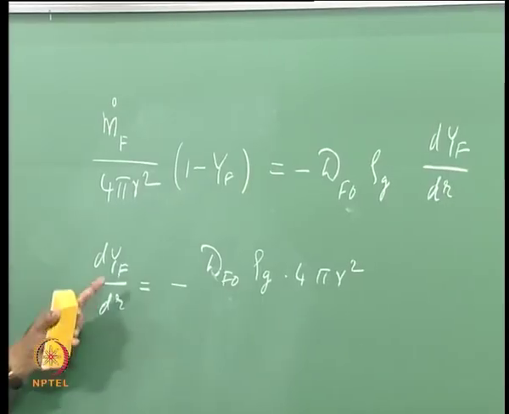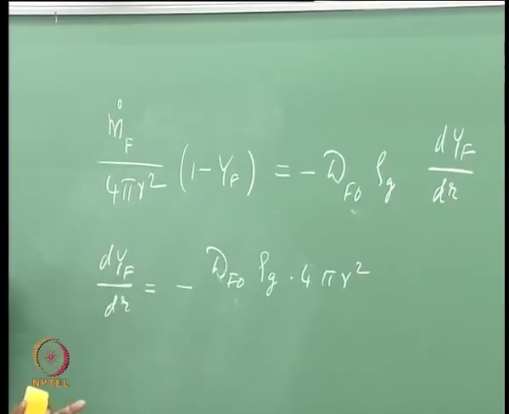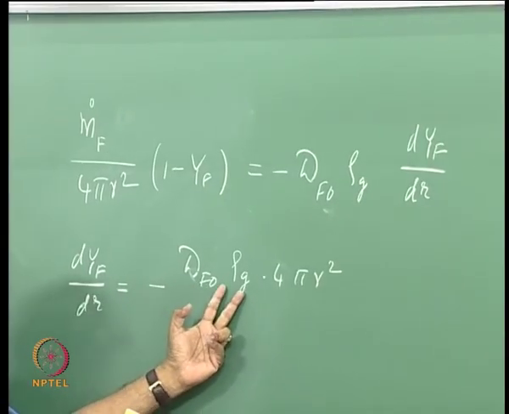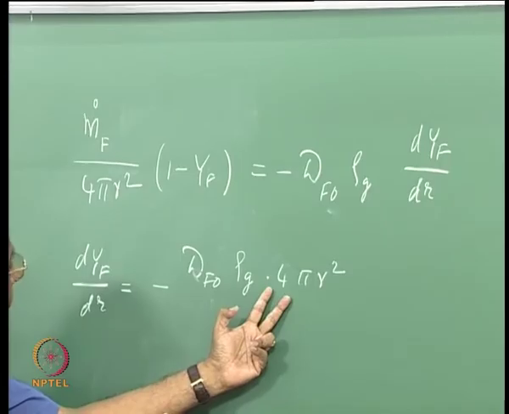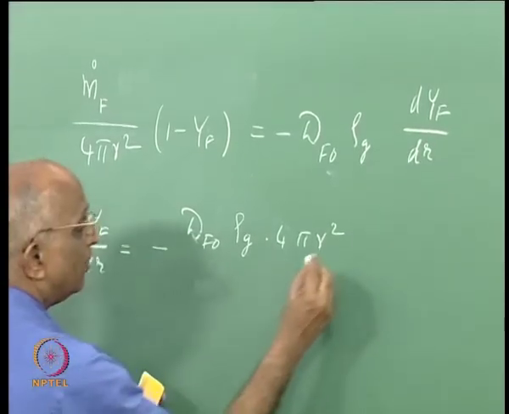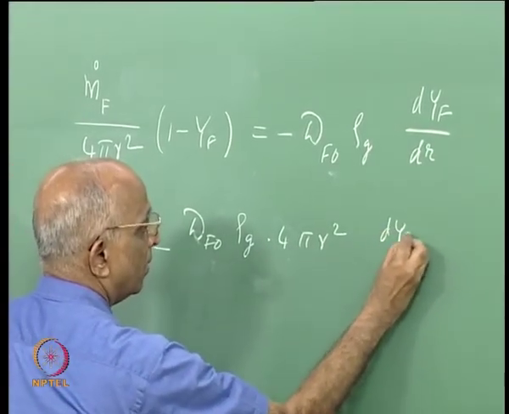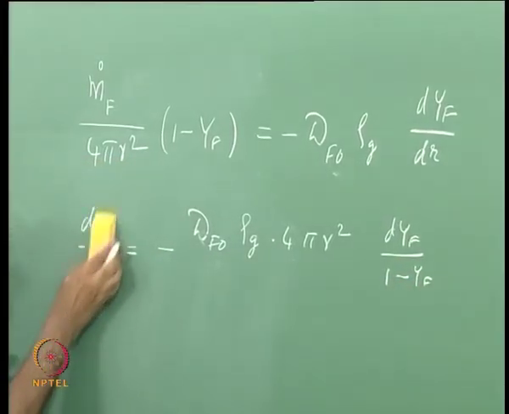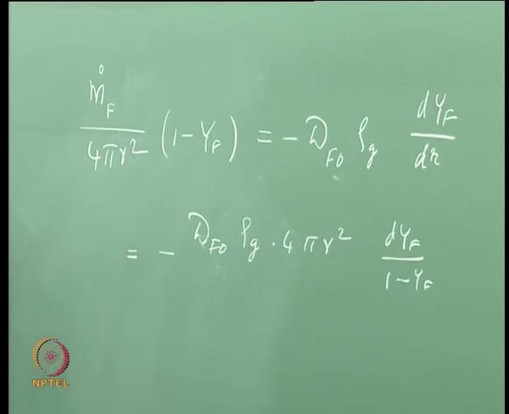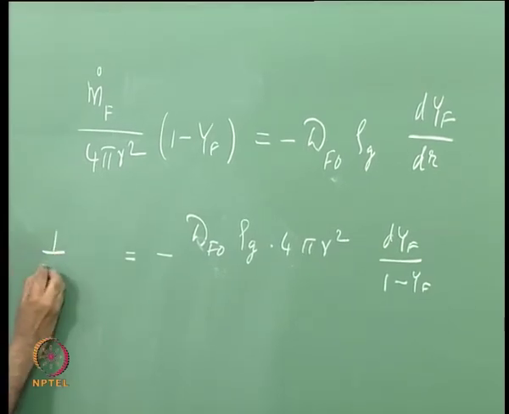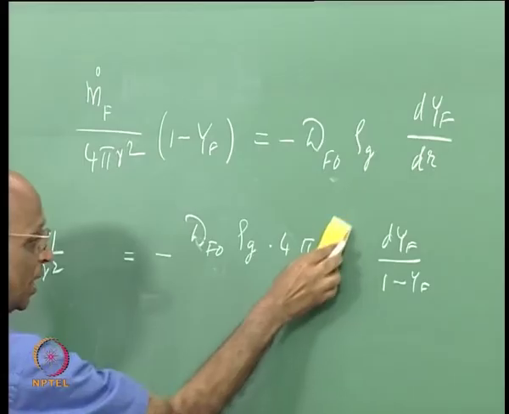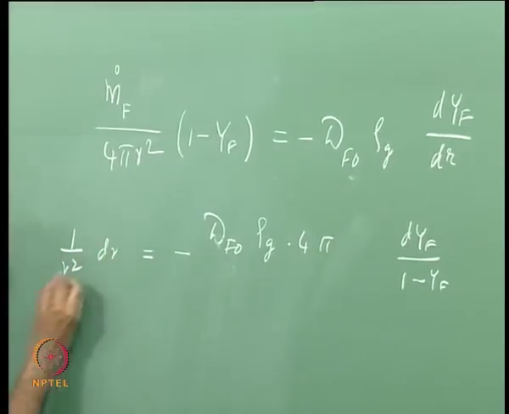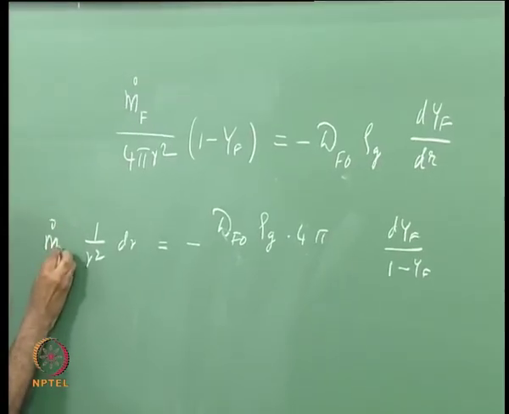Since dYf should come in the denominator, if I keep it in the numerator, D_F0 rho g into 4 pi r square into dYf by 1 minus Yf should be equal to 1 over r square, I remove the r square here, I bring it on this side into dr into the value of m dot f.